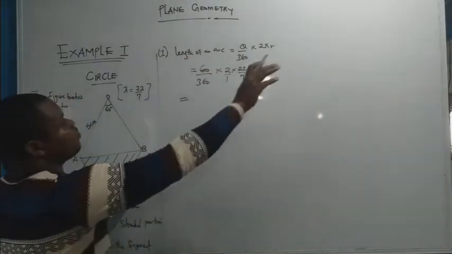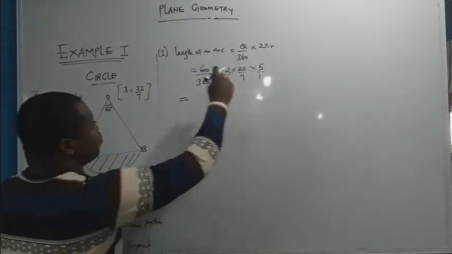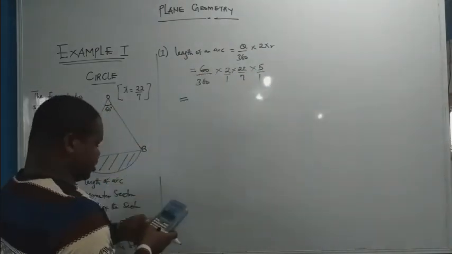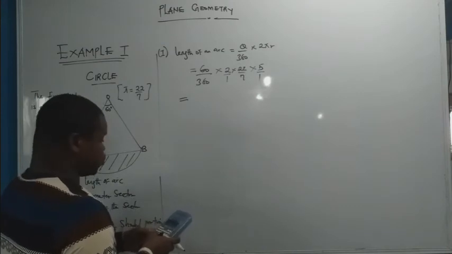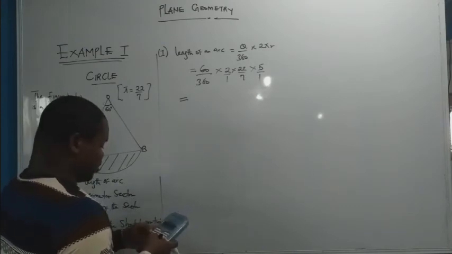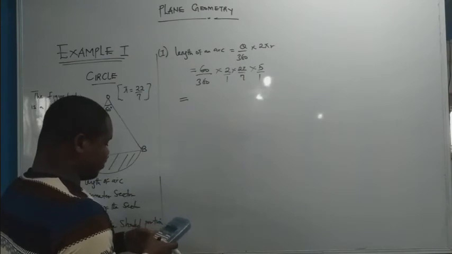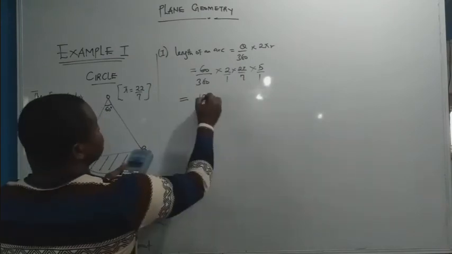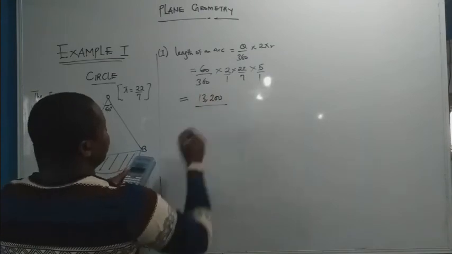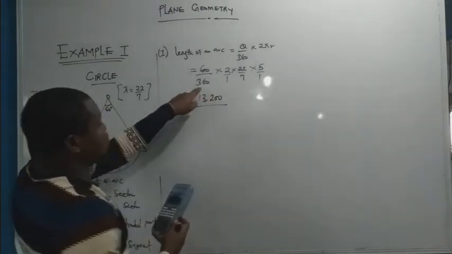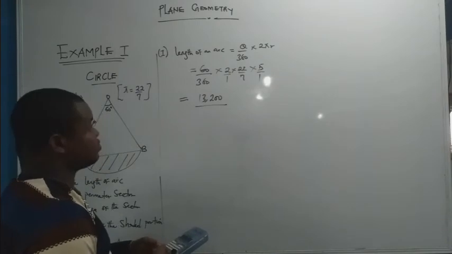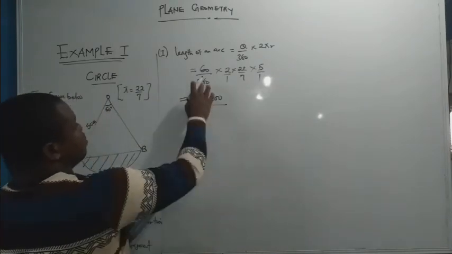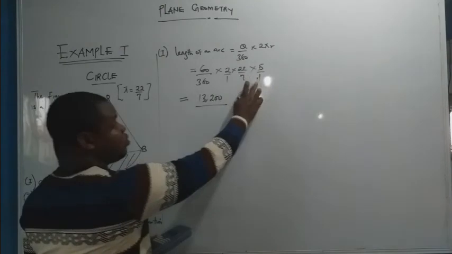Multiply everything above, multiply everything below. So 60 times 2 times 22 times 5, and you get 13,200, over 360 times 1 times 7 times 1.